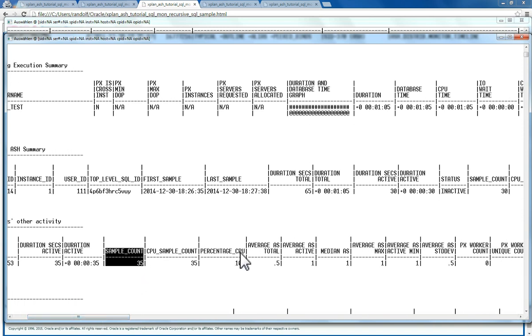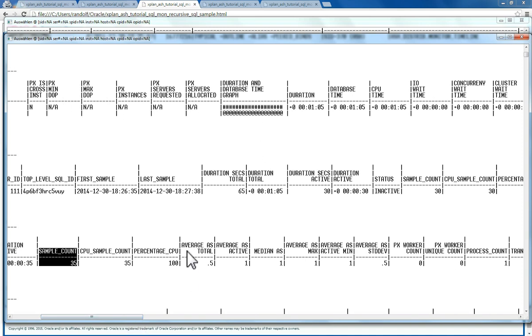The percentage of CPU activity, in this case 100%, 35 out of 35 samples were CPU activity, which gives us approximately 0.5 average active sessions total for this other activity.